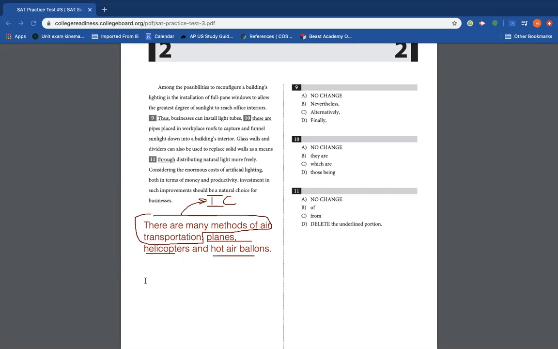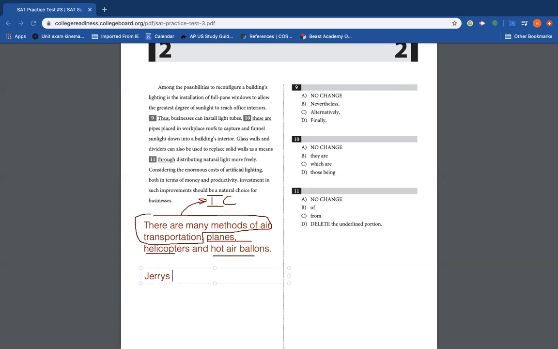Okay. And another way a colon can be used is for emphasis. Let's see.